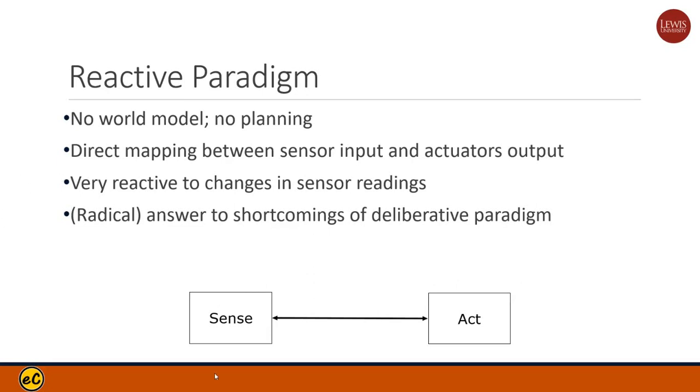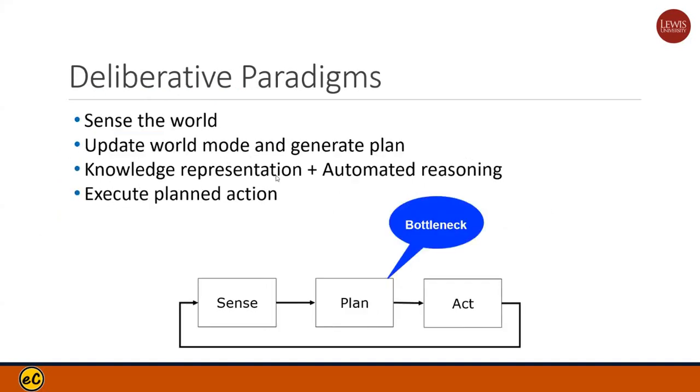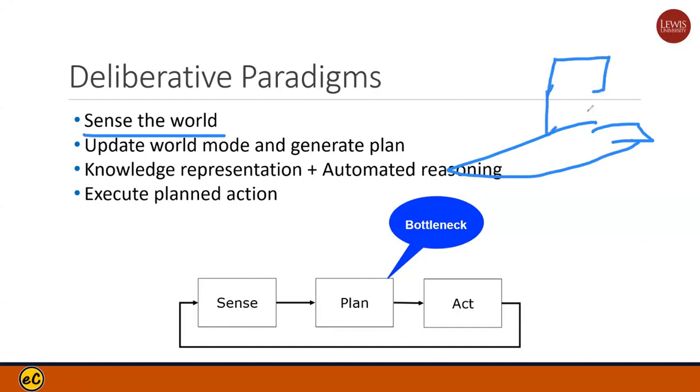Okay, so another type of control is the reactive paradigm. This one has no world model. What is a world model? Let's talk about it. When you sense the environment, you build the world model. What does this mean? You have a ship, right? And you have the radar.